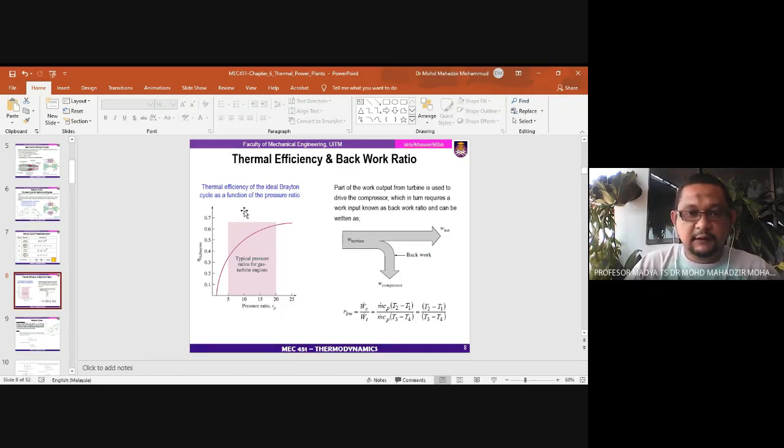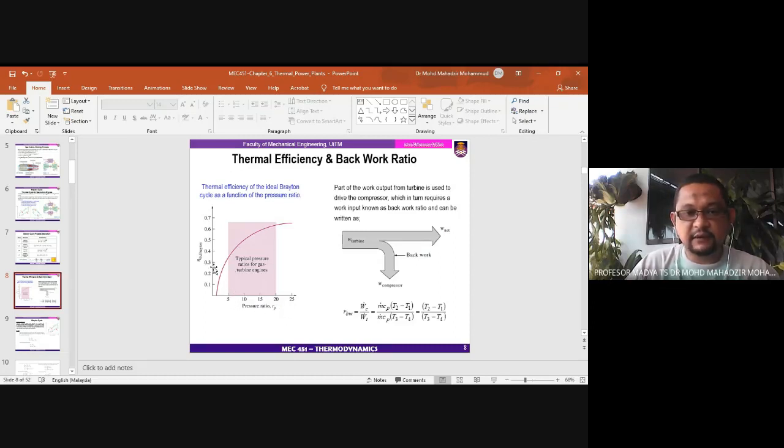Now the theoretical analysis of thermal efficiency in the Brayton cycle, as you see in the graph: thermal efficiency versus pressure ratio. What happens when the pressure ratio is increased?